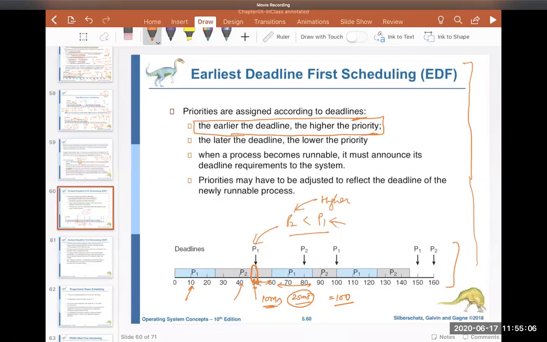Each task comes with its attribute, its periodicity, and the RM algorithm assigns P1 as always higher priority. But EDF, earliest deadline first scheduling, checks which task has the nearest deadline, and the nearer the deadline, the higher the priority.